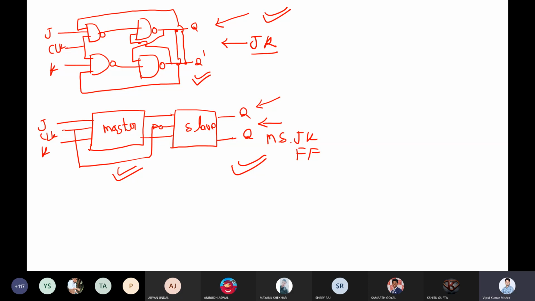Why this becomes really important: when you look on the web, there are many places where JK is the first one and many places where JK is the second one. So we have to stick with one. I thought, let's go with the first one as JK and the second one as master slave JK, so it will be very clear in our mind.